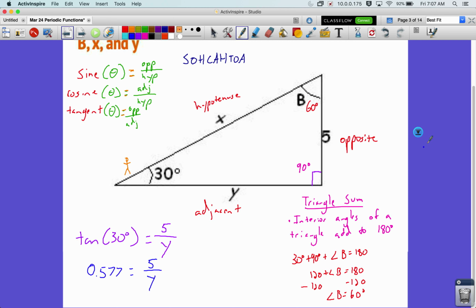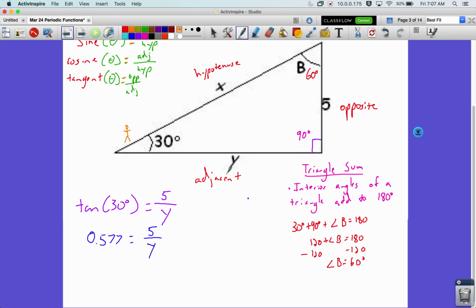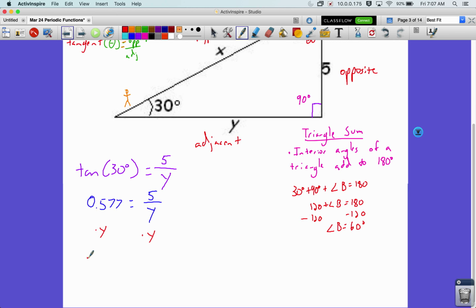Now how do I solve for y? Well, I need to rearrange this. Multiply both sides by y, and I get 0.577 times y equals 5. Divide both sides by the 0.577, and we'll see that these two terms switched places.